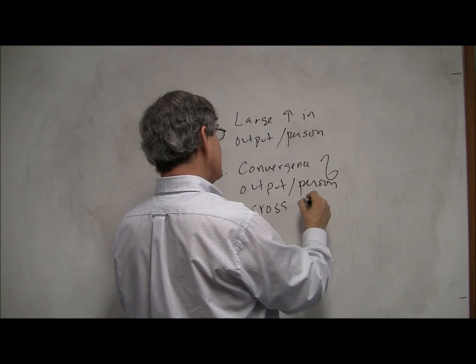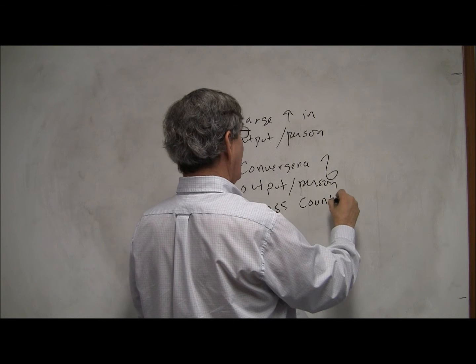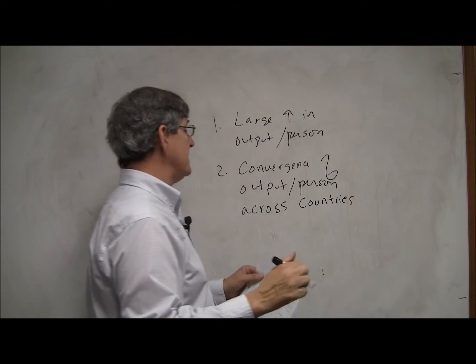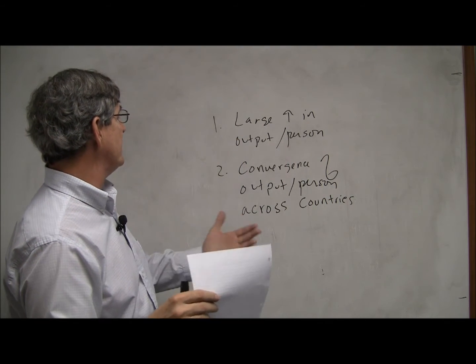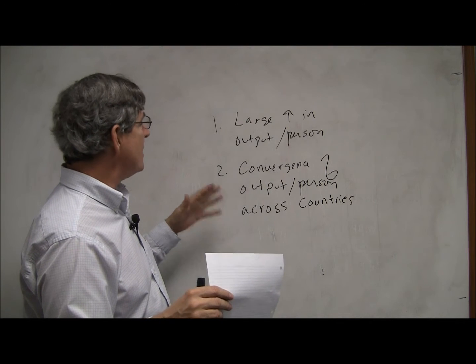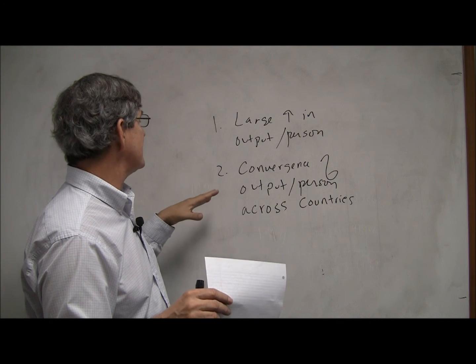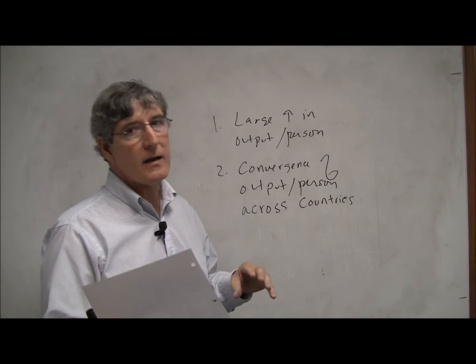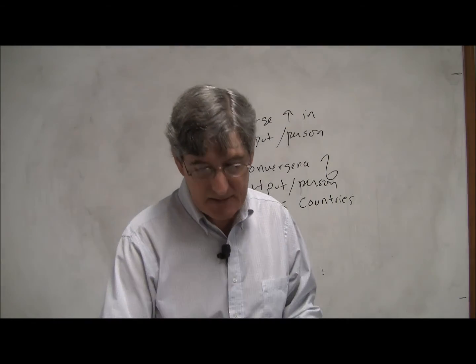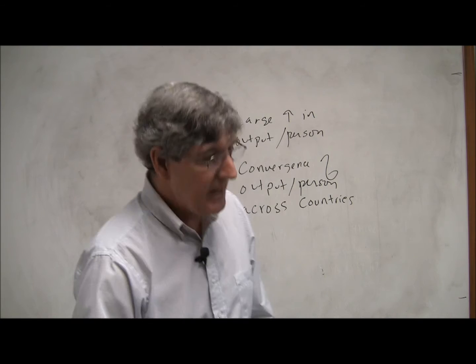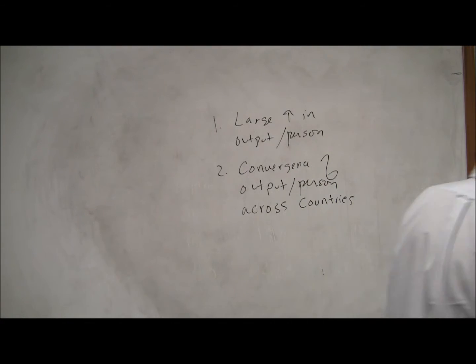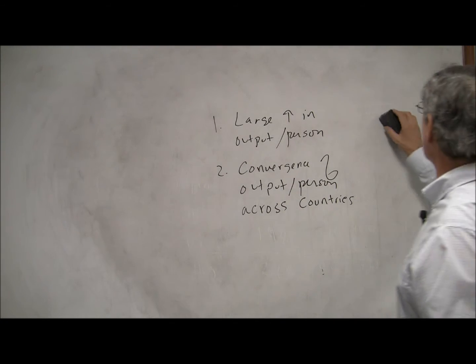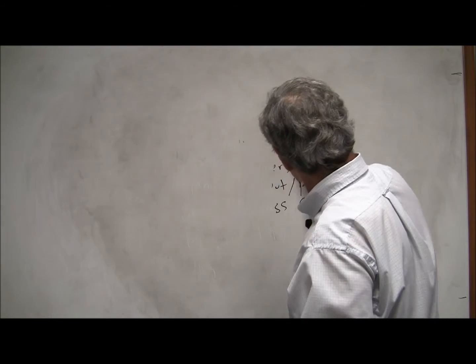And that extends to many, many more countries than what the book shows in the table. It's not true that every country is catching up and seeming to converge, but boy, if you look at a lot of countries, that seems to be true. And so those are 2 things that any growth model would want to explain. Okay.